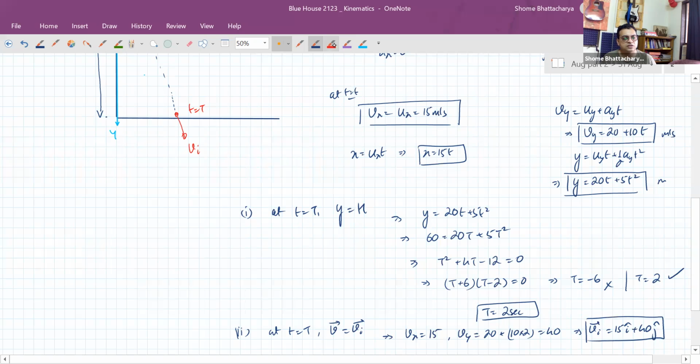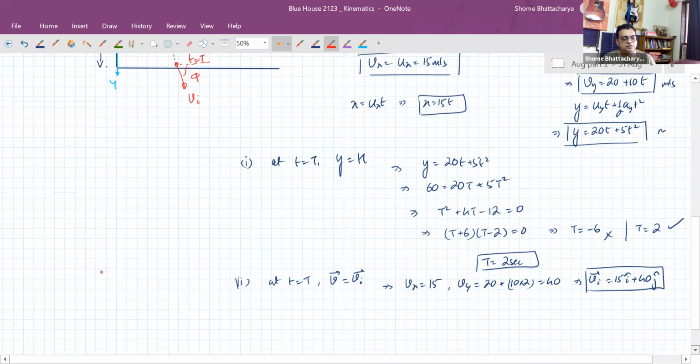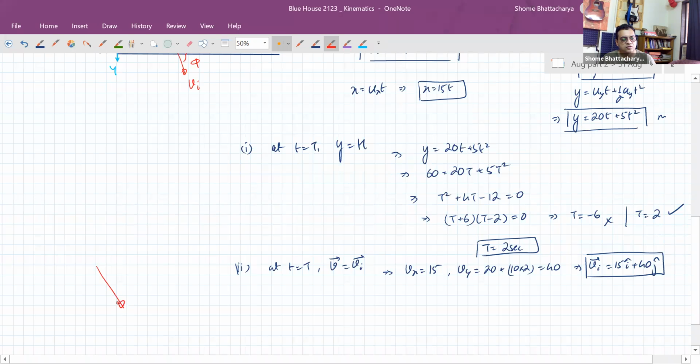So if the impact velocity is making this kind of an angle with the horizontal, this angle is phi. So in that diagram, you can see that this angle I'm taking as phi, and the impact velocity's horizontal component is 15, whereas the vertical component is 40.